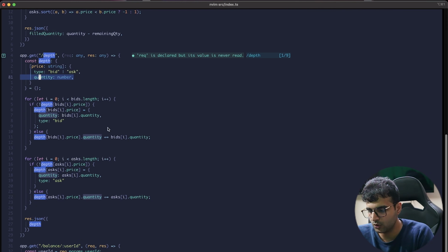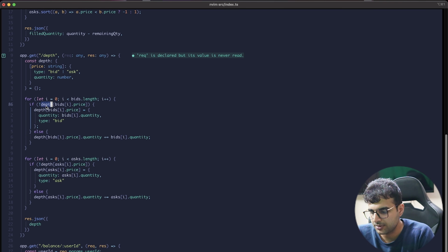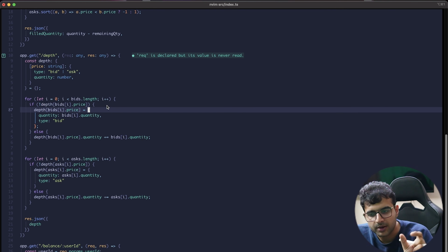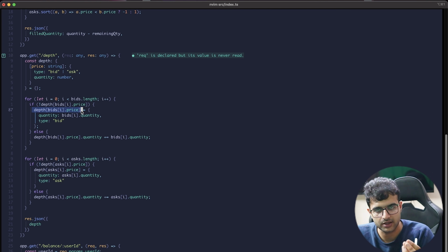We're accumulating the depths, the bids and the asks. The way we do that is we iterate over all the bids and we check if depth of bids of i dot price exists, which means if this specific price already exists on this depth object. If it does not exist on the depth object, we initialize this specific price key and we say the quantity is this specific bid's quantity and the type is bid.